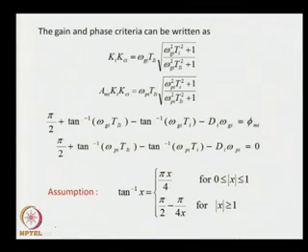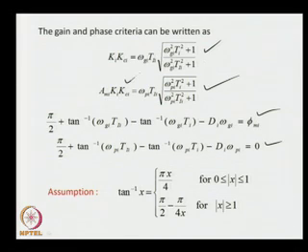Using the phase and gain margin criteria, the equations further can be simplified in the form of equations giving us Ki Kci equal to omega gi tii square root of omega gi square ti square plus 1 upon omega gi square tii square plus 1.